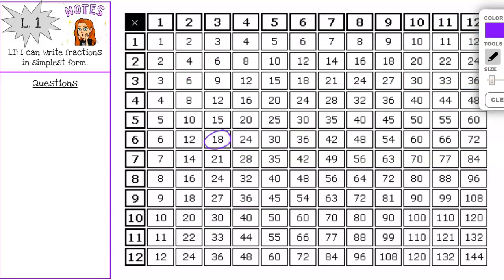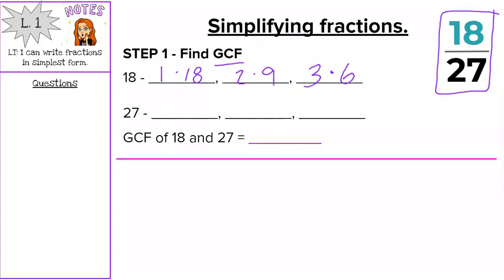You can find those 18s and use it to help you find your factors. Next, we have 27. So 1 times 27 and 3 times 9. We actually don't need that last blank because there's no other factors for 27.